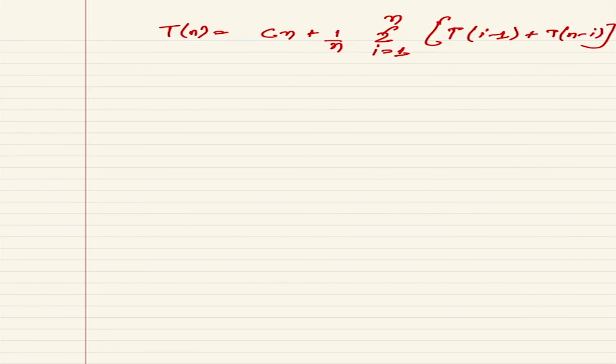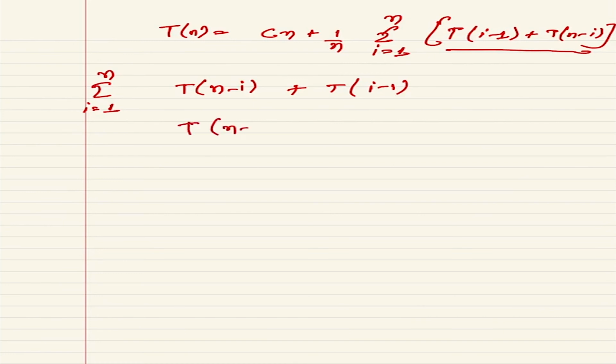Now, some things I can do quickly. For example, I can simplify this term: sigma i equal to 1 to n of T of n minus i plus T of i minus 1. If I start putting i equal to 1, I will get T of n minus 1, plus T of n minus 2, up to T of 0.